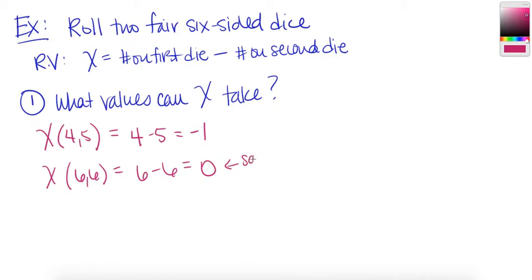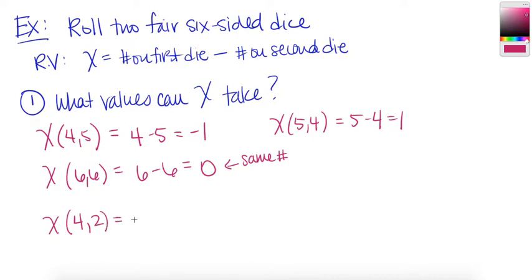So we get 0 when they're the same number. We can get -1. Let's see, we could also get +1. Okay. We could get -2 and +2. So let's say 4 and 2. That is a roll that we could do.